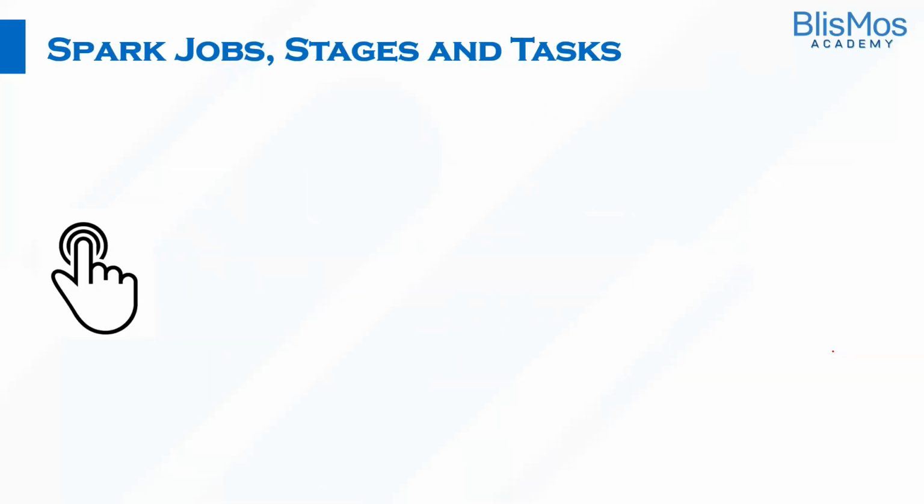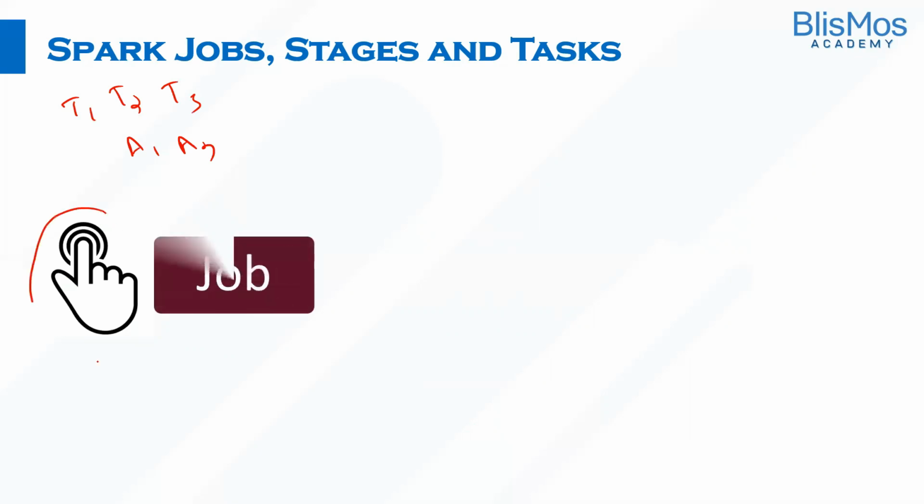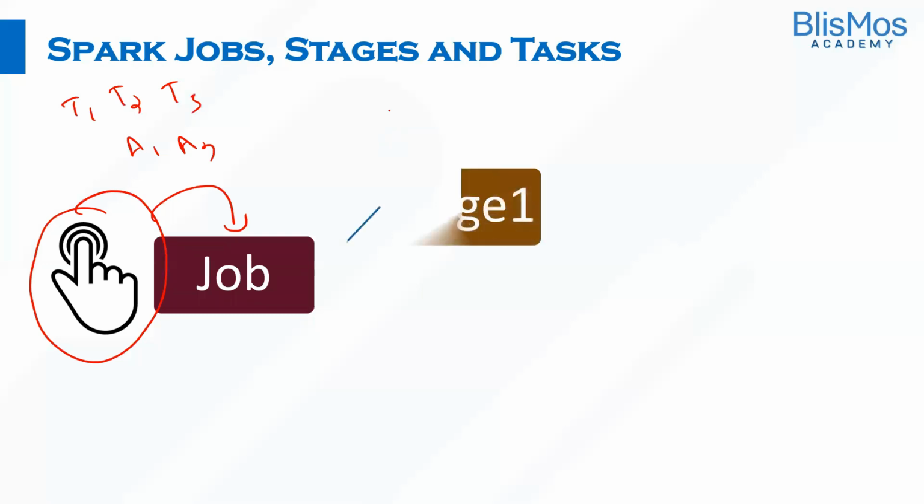Actually, what happens is your application would have transformation 1, transformation 2, transformation 3, and you have action 1, action 2. So for each action, there is one job. The action can be your collect, save, any action you know. And within the job, we have different stages.